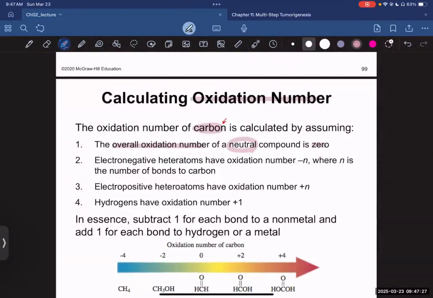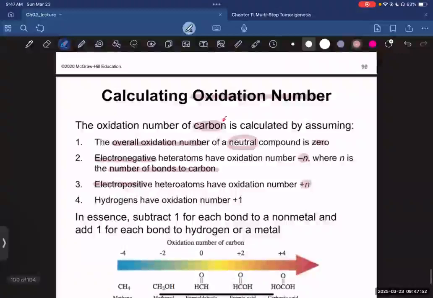And when the carbon is bonded to something more electronegative than itself, it's going to be given a plus N value, and the N value is how many bonds there are between the carbon and that electronegative heteroatom. Whereas when the carbon is bonded to something electropositive, it's going to be given a negative N number. And with regards to hydrogens, they're always going to have an oxidation number of positive 1.